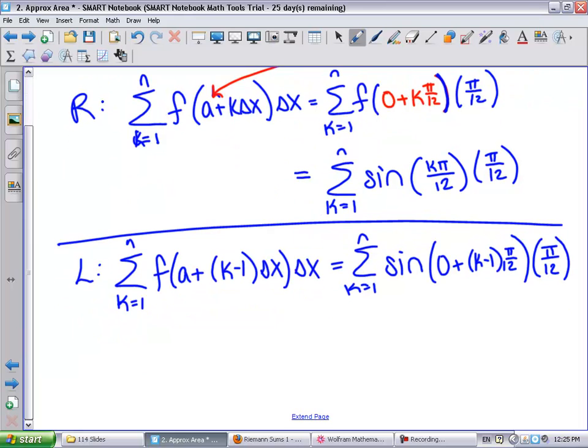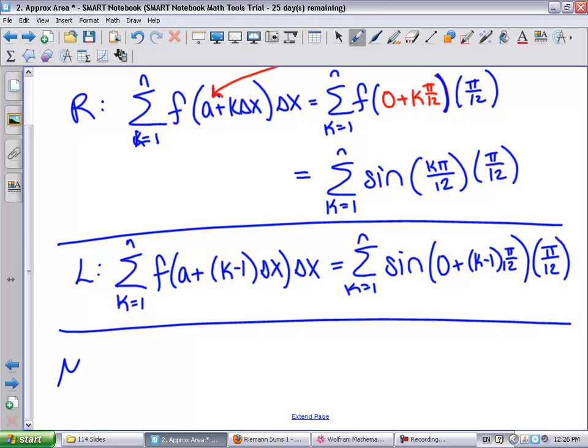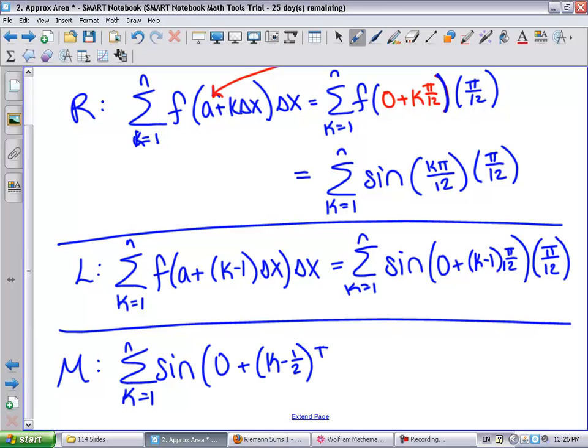And then the midpoint, once again, looks exactly the same, except we have sine of 0 plus k minus a half times pi over 12 times pi over 12.